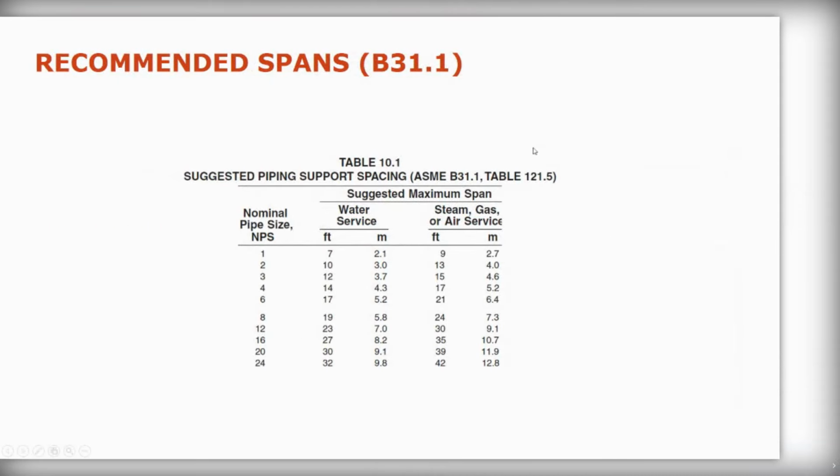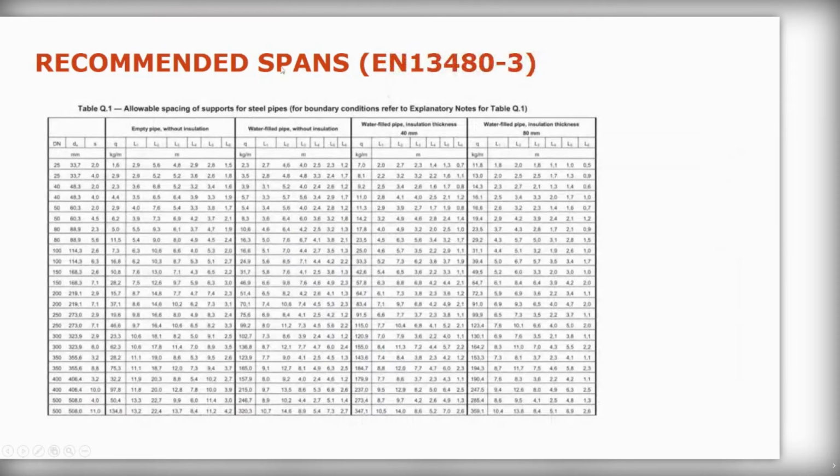In ASME B31.3, there are no specific tables that give you recommended span lengths, but in its sister code, or its mother code probably, B31.1, which is for power piping, there is, and this is the table out of it. But probably a better, more detailed one to point you to is Appendix Q in EN 13480 in the European code.